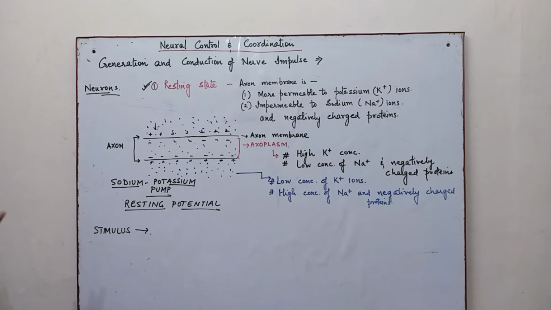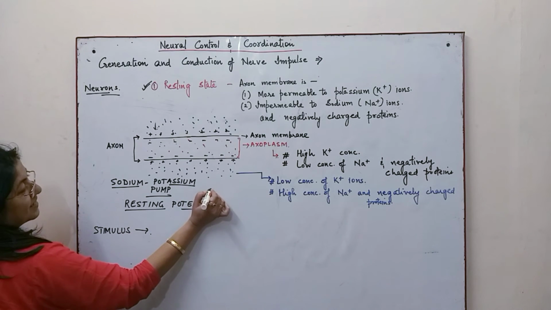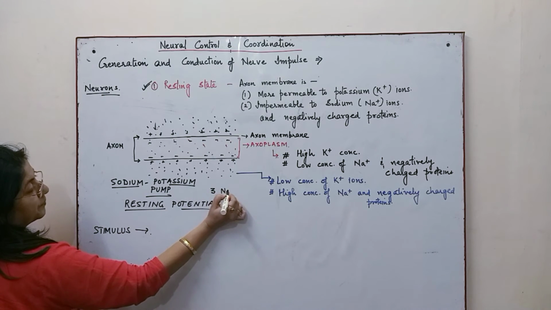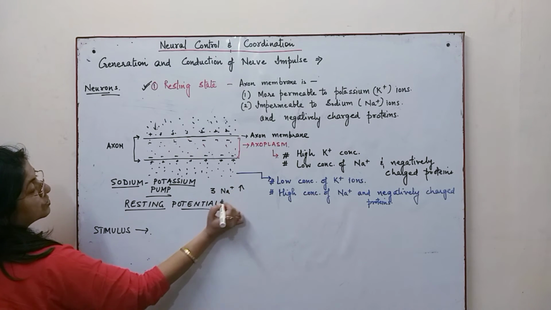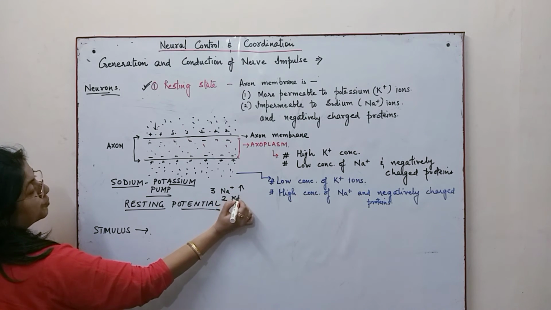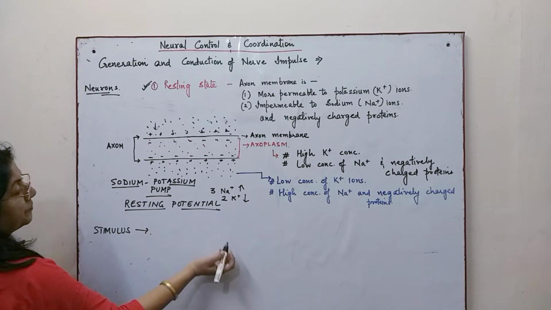Earlier, the membrane was not permeable to sodium ions. Also, you have to understand that the sodium potassium pump transports 3 sodium ions out for every 2 potassium ions in.